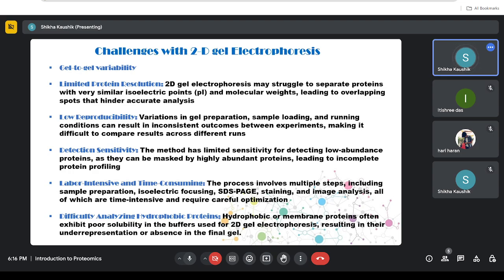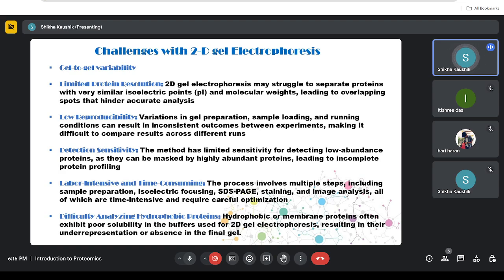And then you have difficulty in analyzing hydrophobic proteins, because hydrophobic proteins or membrane proteins often exhibit poor solubility in the buffers.